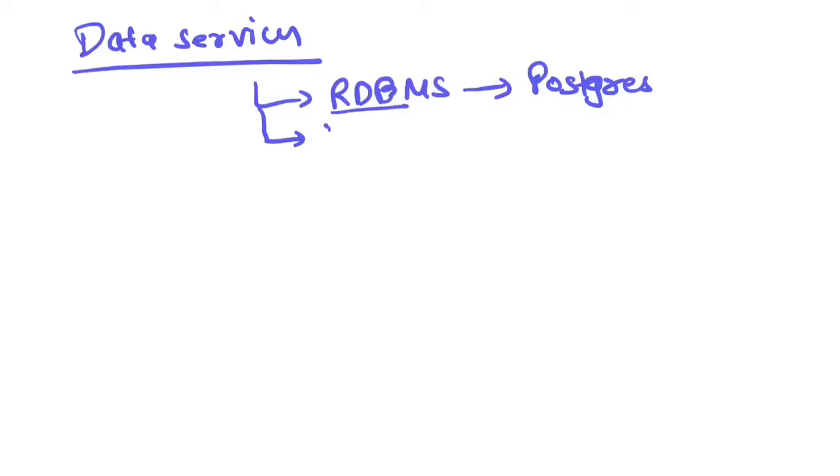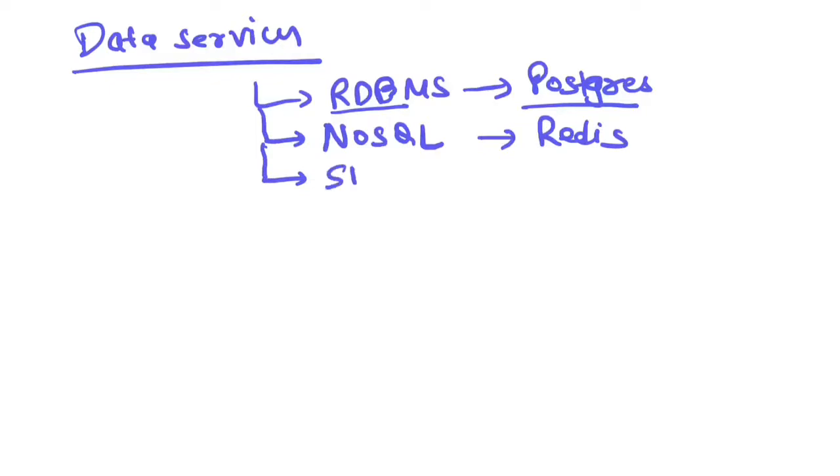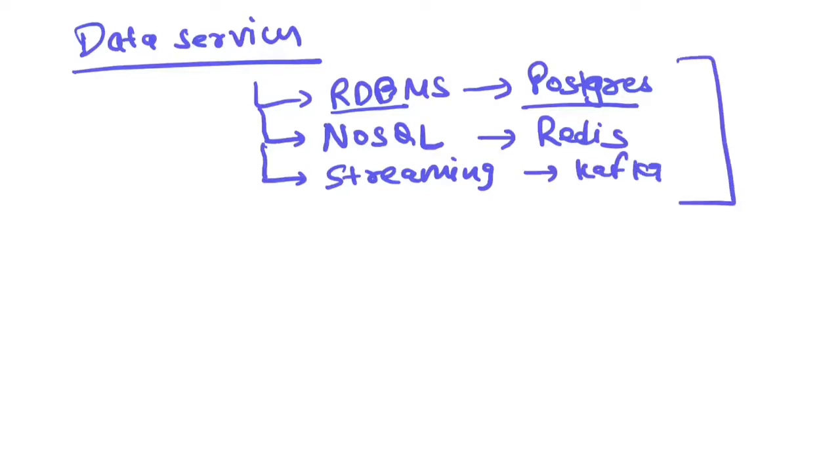So in RDBMS, it offers you Postgres. In NoSQL, it offers you Redis, which you can use for key value storage purpose. And for streaming store, it offers you Kafka as a fully managed service. So these three services are offered through fully managed infrastructure, which is owned by Heroku.